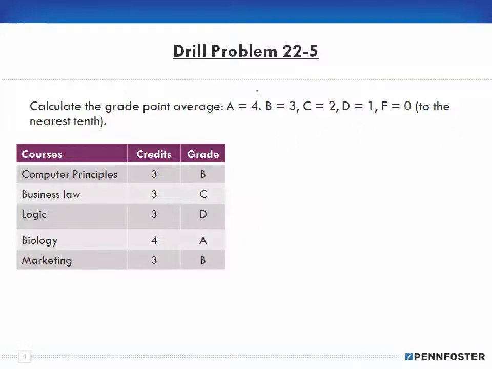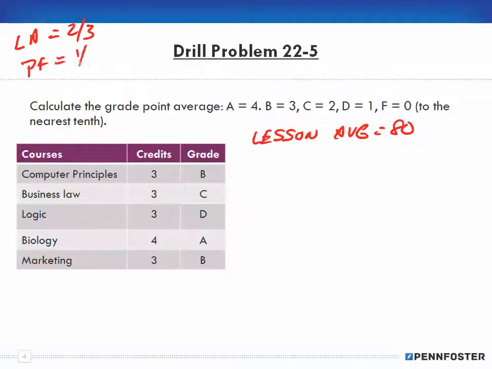Let's say that your lesson average is, let's say it's an 80. Okay. Now, remember, your lesson average is 2/3, and your proctor or final is 1/3.